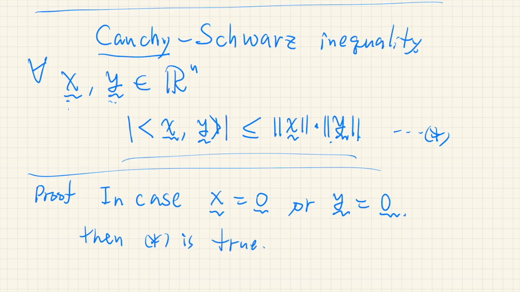Because if x is 0, then this scalar product is 0, and the norm of x is 0, so both sides are 0. And the same for the case where y is 0. So this is true. In particular, the equality holds.